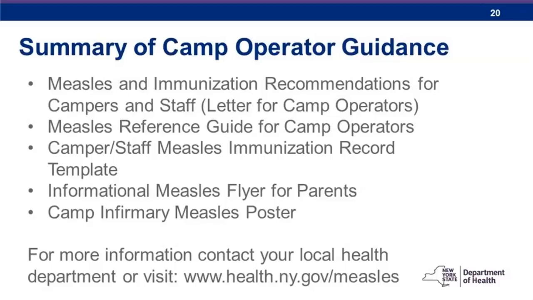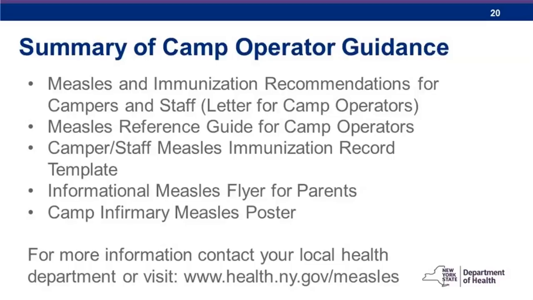It contains links to other websites which specify the minimum schedules. The Measles Reference Guide for Camp Operators provides a summary of the recommendations to help prevent and identify measles and limit the impact. It contains all of the information that was presented in this presentation today.